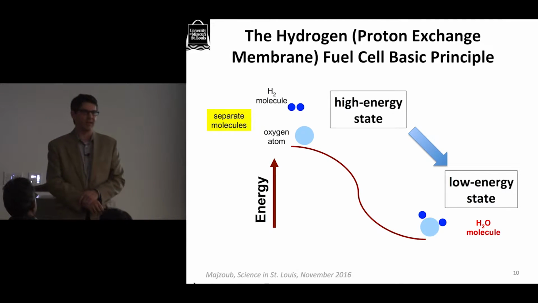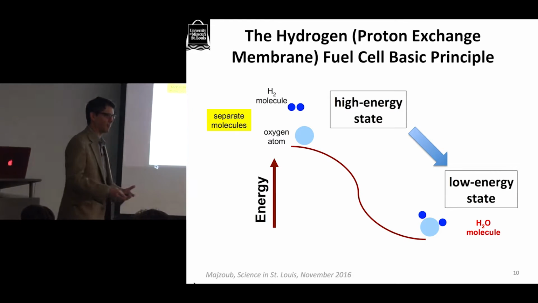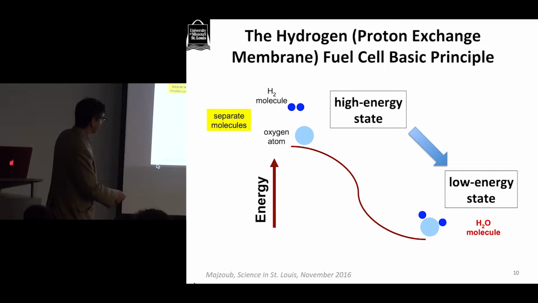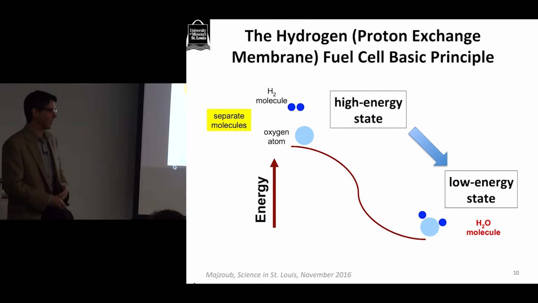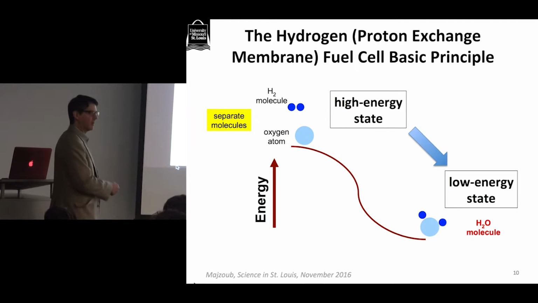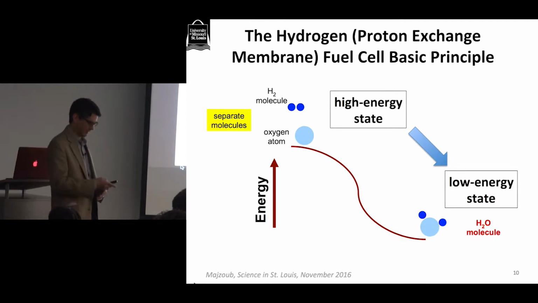And in order to lower their energy, and everything wants to lower its energy, you can think of a ball wanting to roll downhill, the hydrogen and the oxygen would like to combine and lower their energy because the H2O molecule is a low energy state. And so the principle of a hydrogen fuel cell is to do this in a controlled fashion. We want to combine the hydrogen and the oxygen in a way that they don't react too violently or too vigorously.